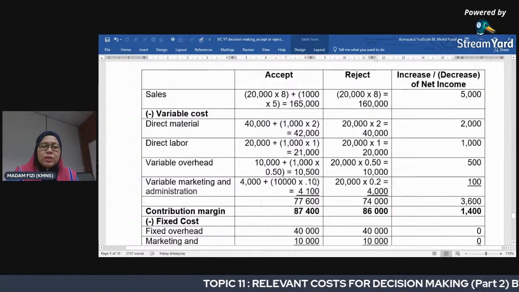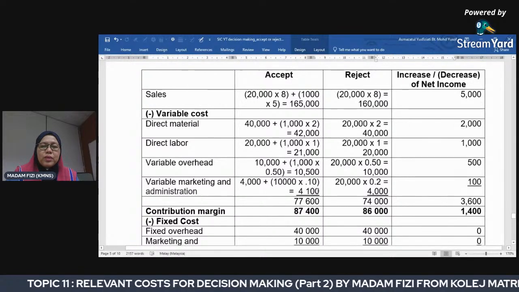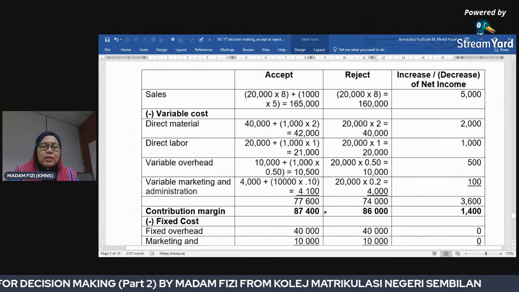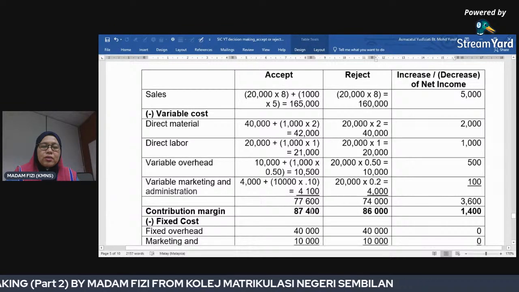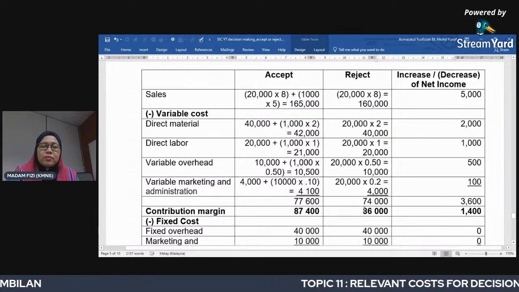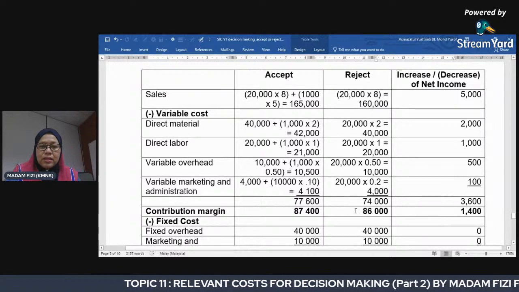Why not 20 cent? Because there is no marketing cost. So the total is 4,100. So the difference is 100. Now you can calculate the contribution margin. If we accept, the contribution margin is 87,400, while if we reject, the contribution margin is 86,000.